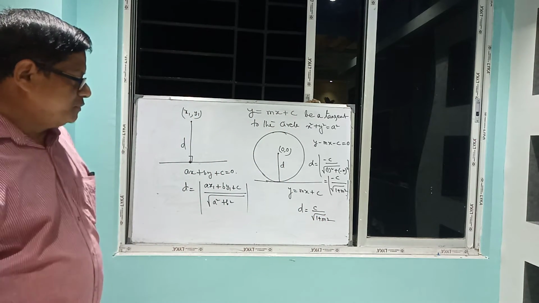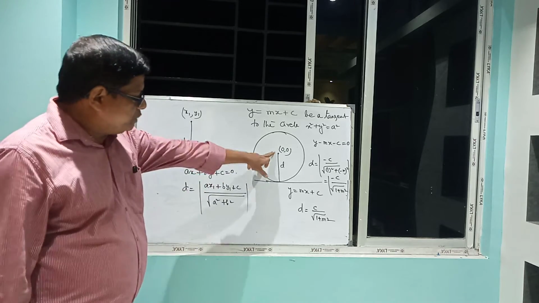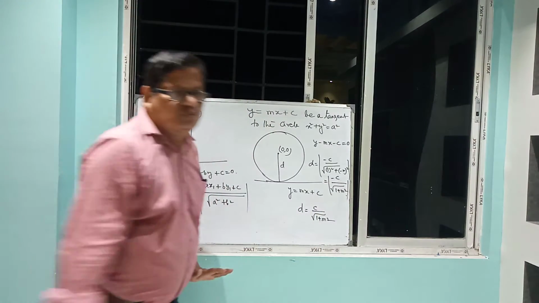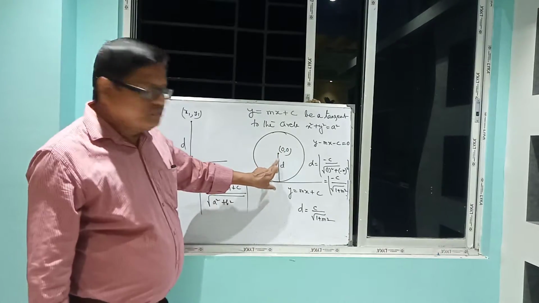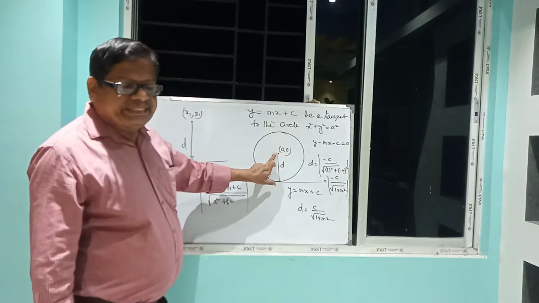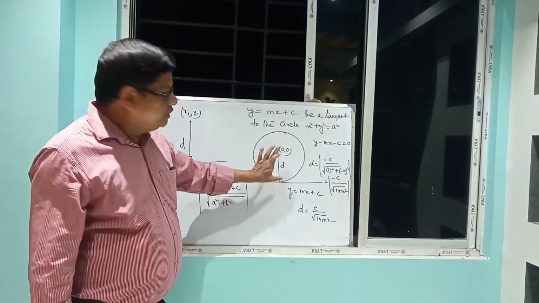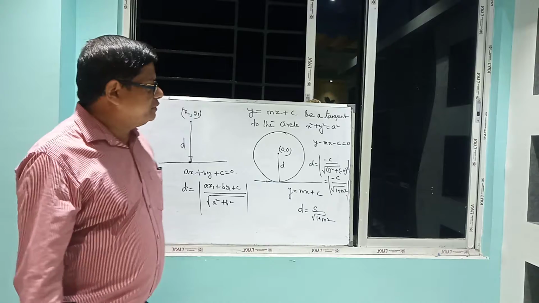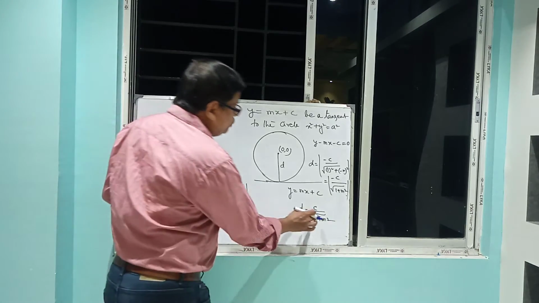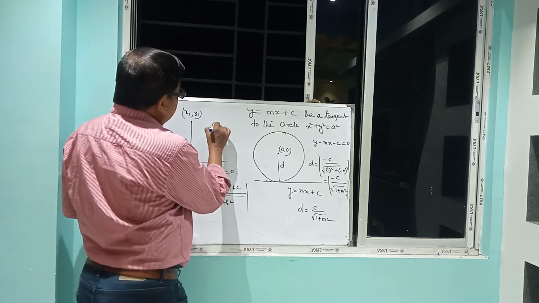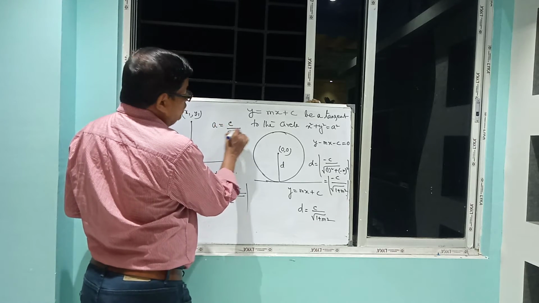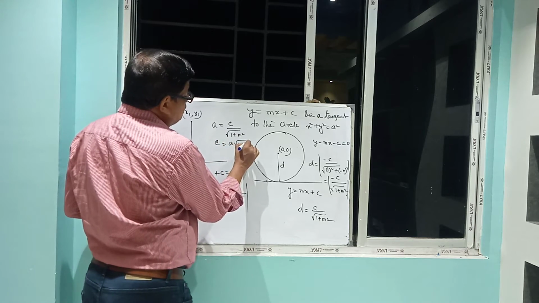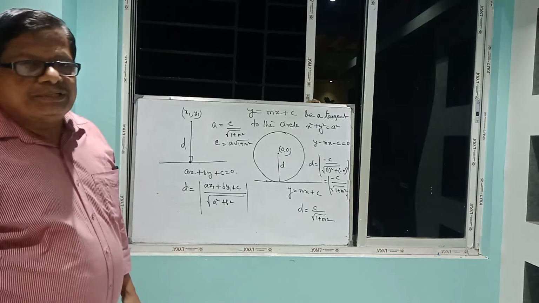This is the distance from the origin to the tangent line, and this equals the radius. Radius and tangent are perpendicular to each other. So this is the radius, and the radius is a. Now write: a equal to c by root under 1 plus m square. Then c equal to a root 1 plus m square.